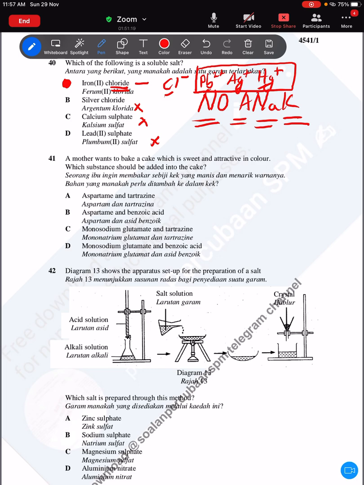Aspartame is sweet, right. You can't just add ajinomoto. Monosodium glutamate is ajinomoto. Benzoic acid is used as a food preservative. So it should be tartrazine.